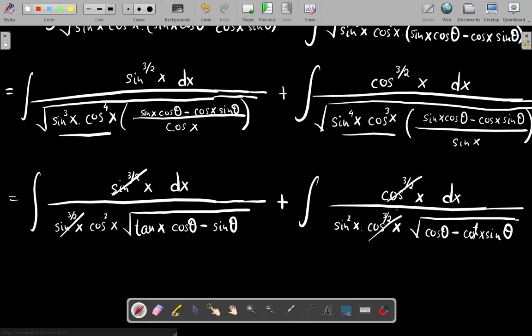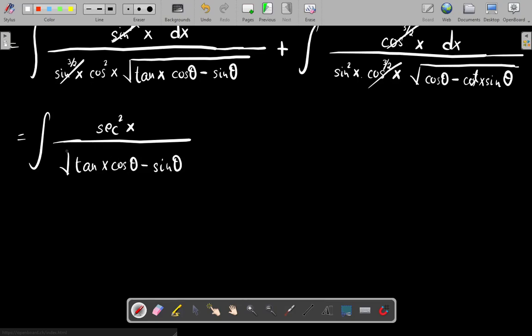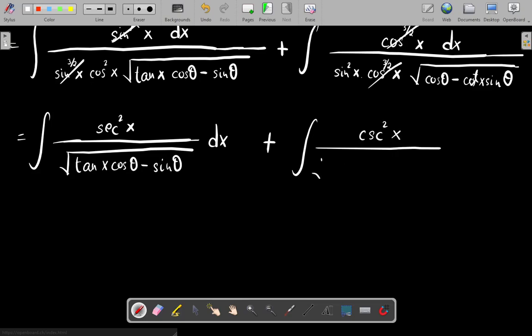Okay, so the integral now becomes, this is 1 upon cos square x, so this just becomes sec square x, and this changes to tan x cos theta minus sin theta dx plus, this is 1 upon sin square x, right? So this becomes cosec square x, so cosec square x upon the square root of cos theta minus sin theta.